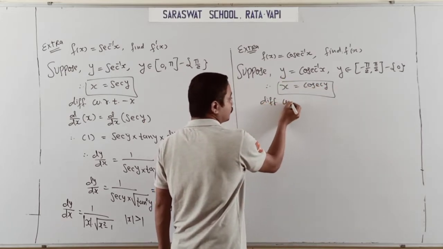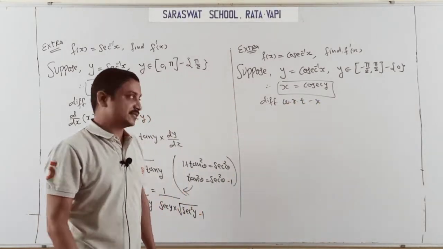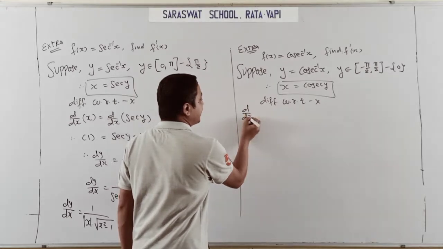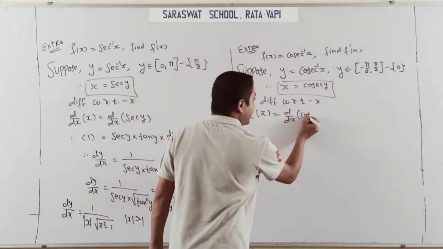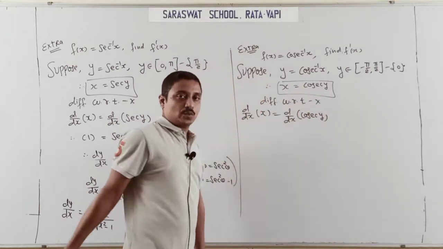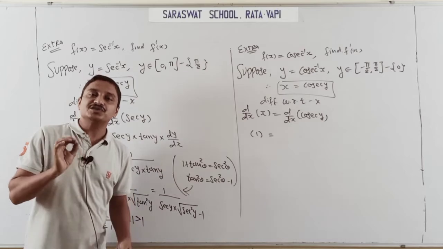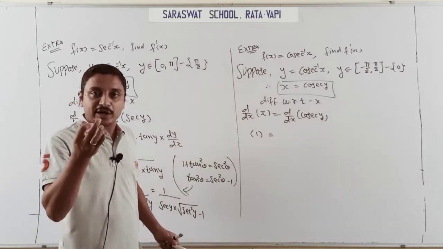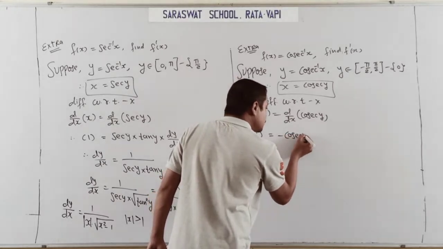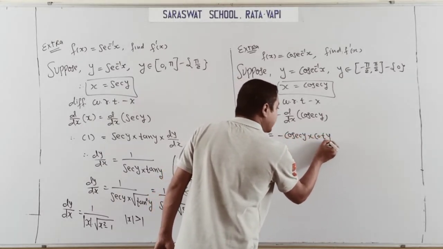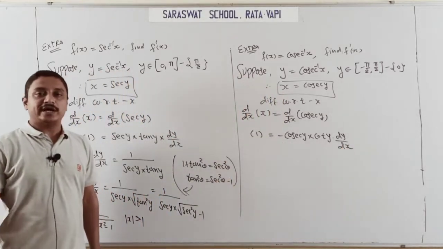Differentiation with respect to, yes, with respect to x. So d by dx of x, same d by dx of cosec y. So here you get 1. But what is the cosec y derivative with respect to x? Yes, the cosec y derivative is minus cosec y into cot y into the y derivative pending with respect to x.